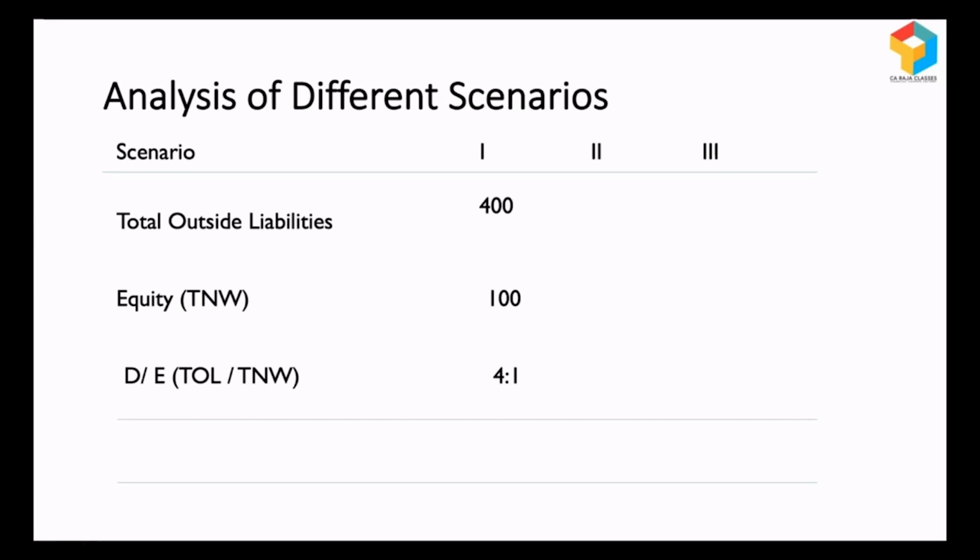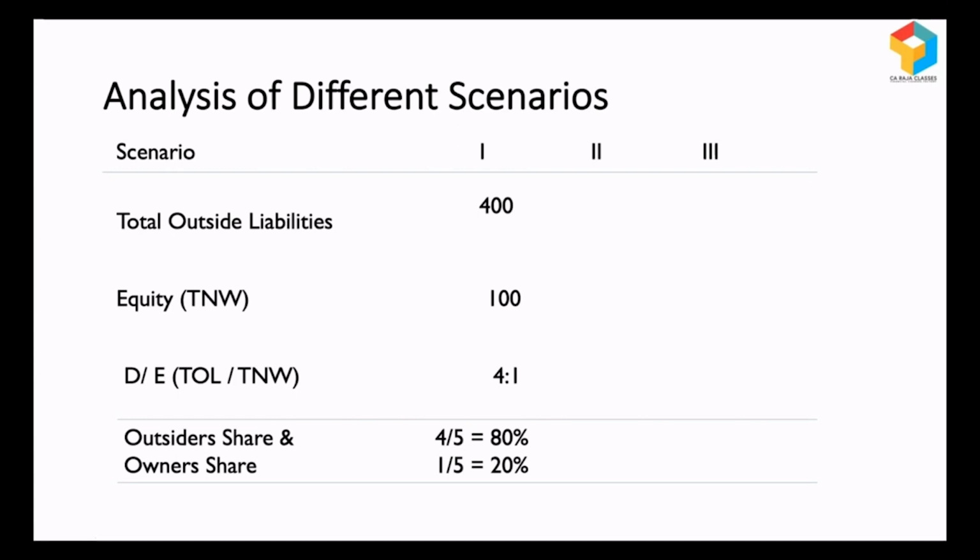If this business is raising 5 rupees, outsiders are contributing 4 out of 5, that is 80%, and owners are contributing 1 out of 5, that is 20%. They are contributing only 20%, and the remaining 80% has come from outsiders.